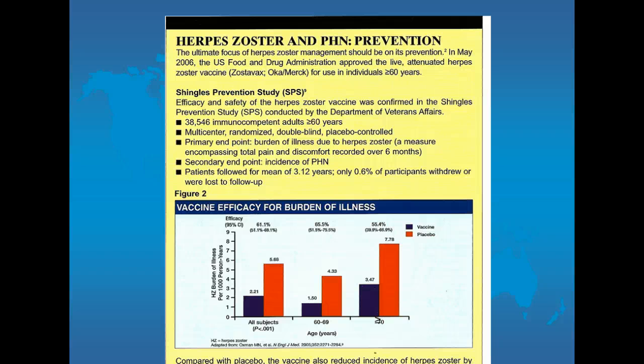I have taken care of children in the hospital that have had shingles, and it is not fun. You can't explain to them why they're in so much pain, and it's just a lot of suffering that's unnecessary. So here's your prevention of herpes zoster and of the sequelae after it, the peripheral neuropathies.